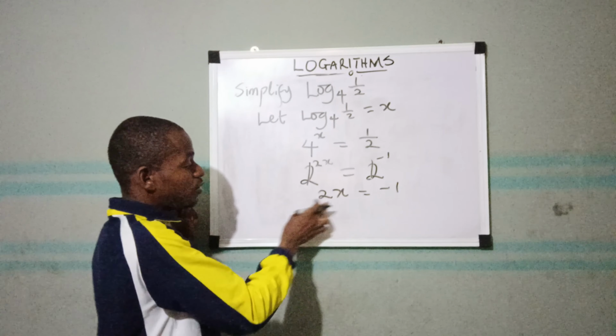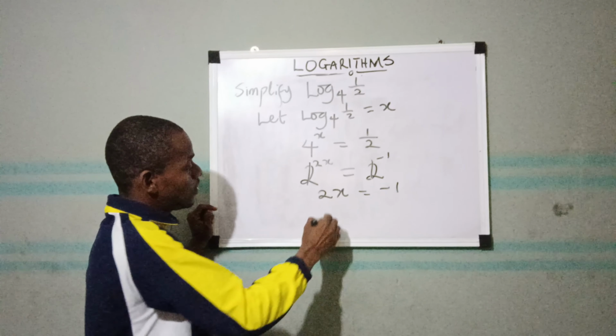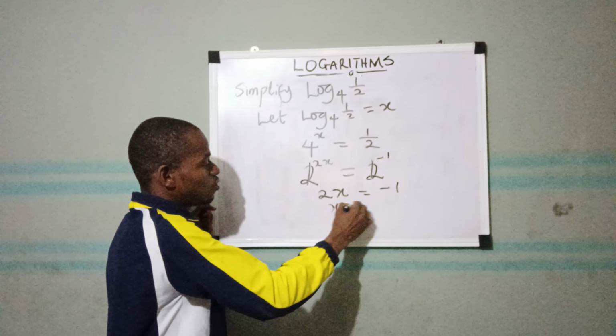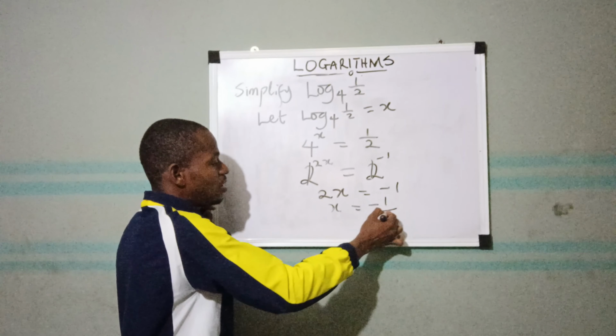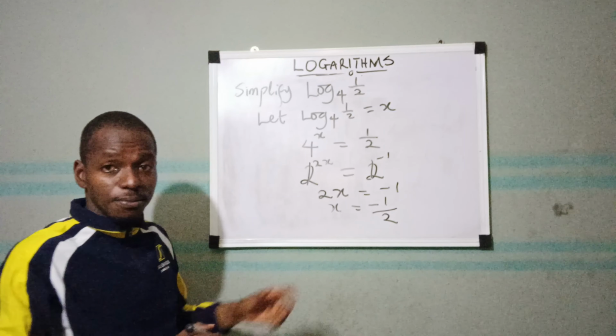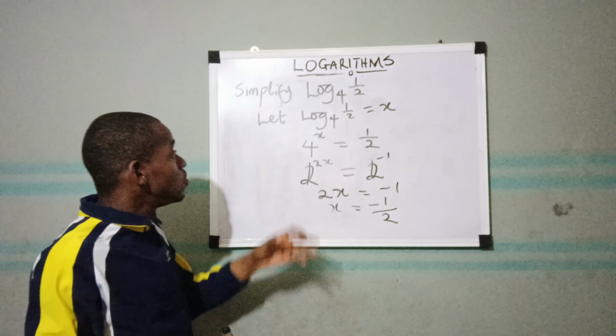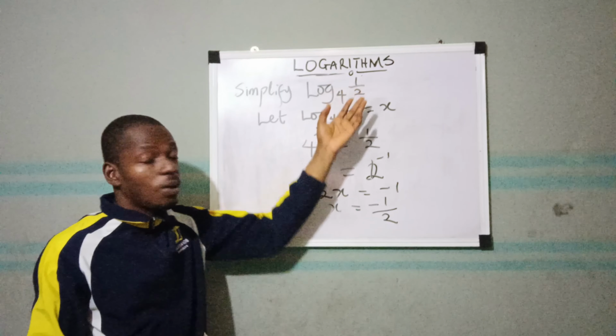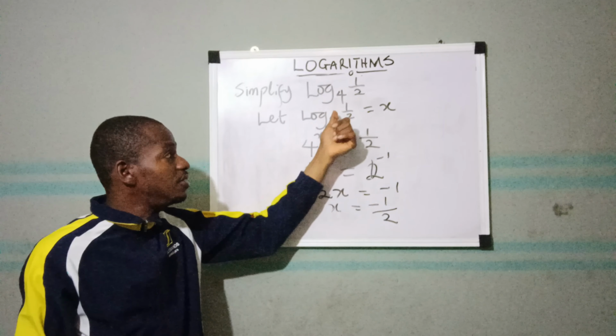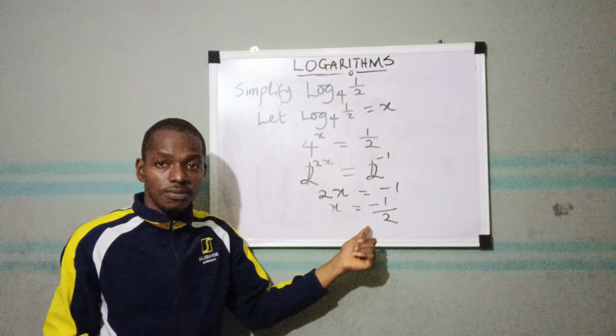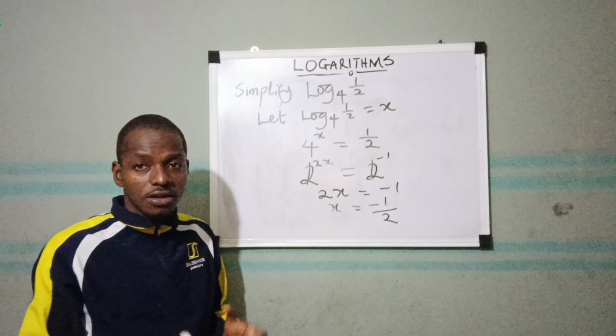From here, divide both sides by 2 to get x. So x will be equal to negative 1 over 2. So the logarithm of 1 over 2 base 4 is negative 1 over 2.